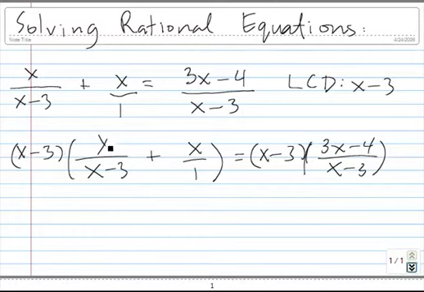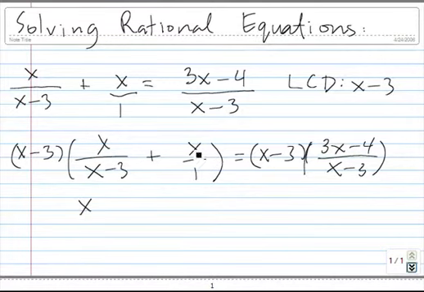Now we distribute on both sides. So let's start with this first piece. x minus 3 times x divided by x minus 3. You'll see that the x minus 3 on the top cancels with the x minus 3 on the bottom, so this product here is just x.